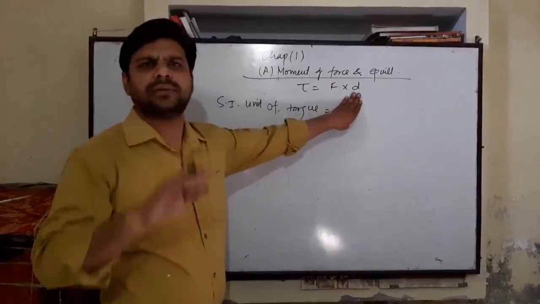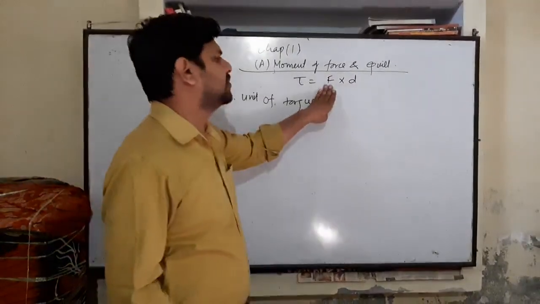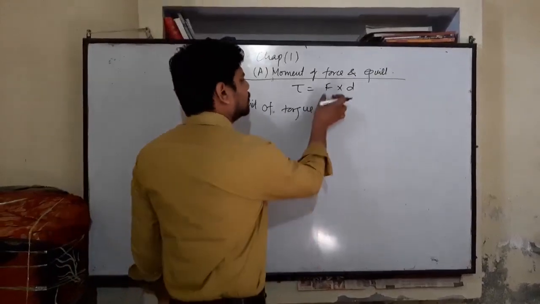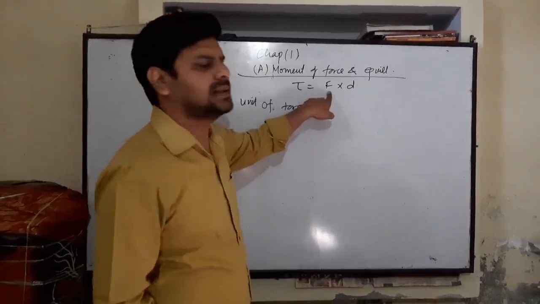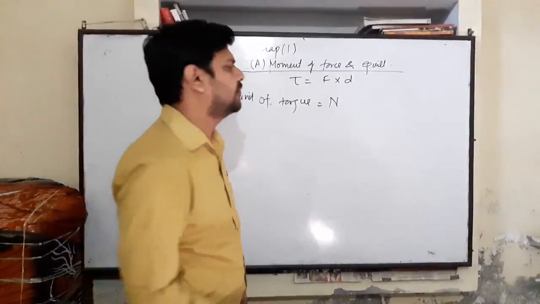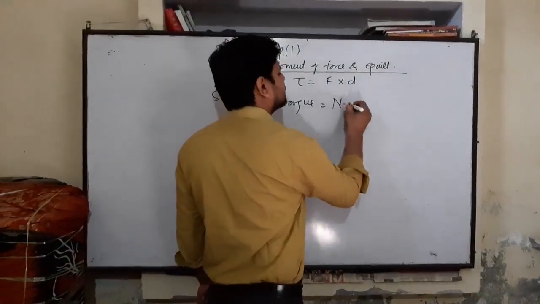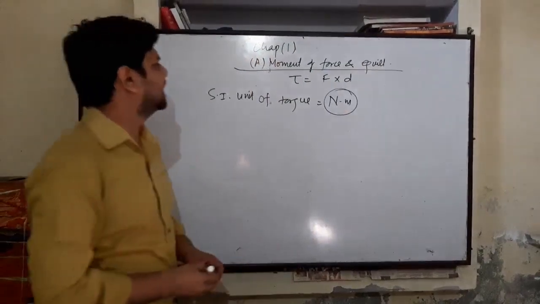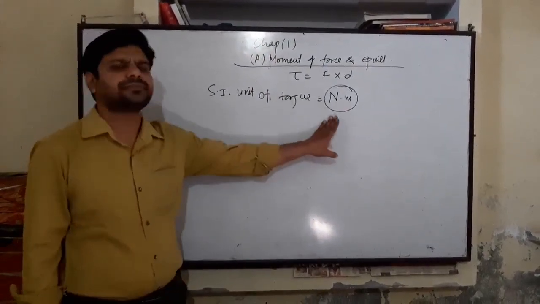You can use any symbol. This is force and this is distance. So what is the SI unit of force? Newton, and for distance it is meter. This is the SI unit of torque.